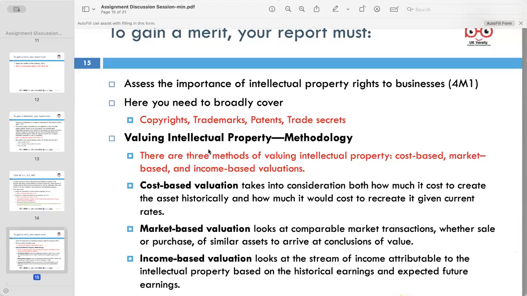They have then registered their ownership and responsibility of that documentation. Yeah, so you need to explain the importance of copyrights to businesses.